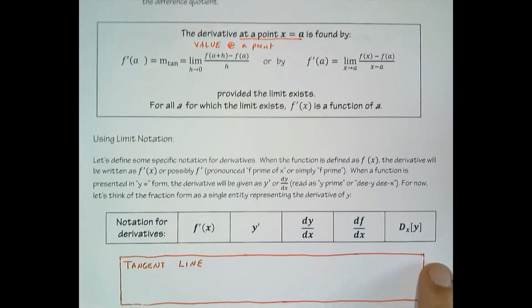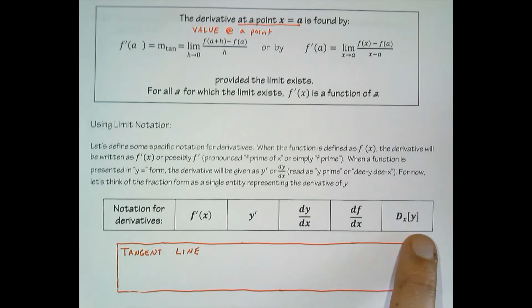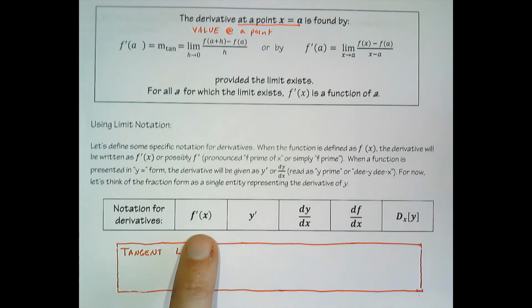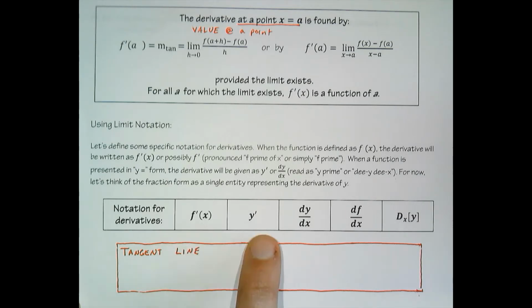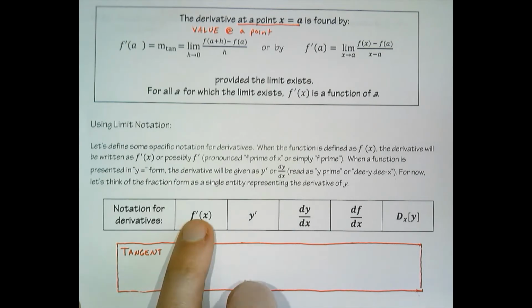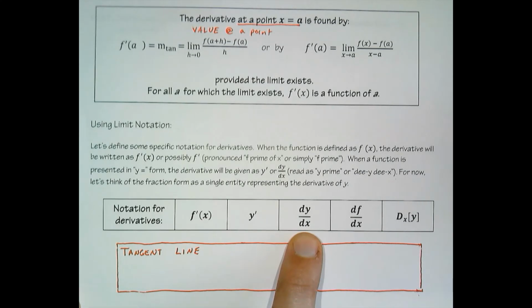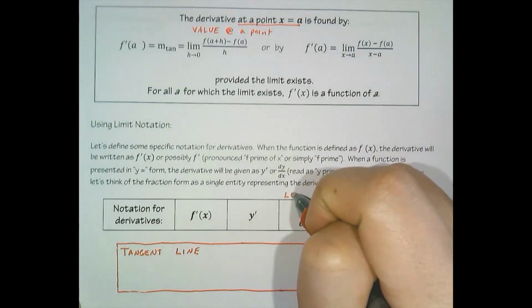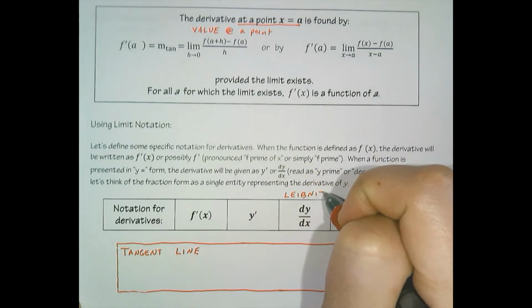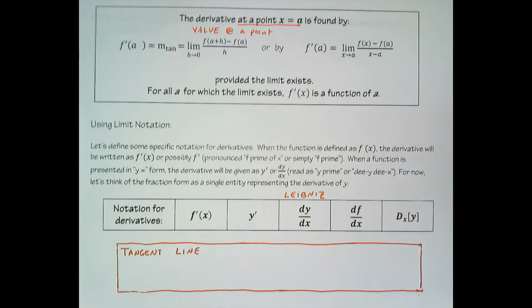There are lots of ways we refer to the derivative. The most common ones that I'll use in class are f prime of x or y prime. So that little tick mark refers to prime. And then sometimes I'll refer to things as dy dx. This is called Leibniz notation, named after one of the inventors of calculus.